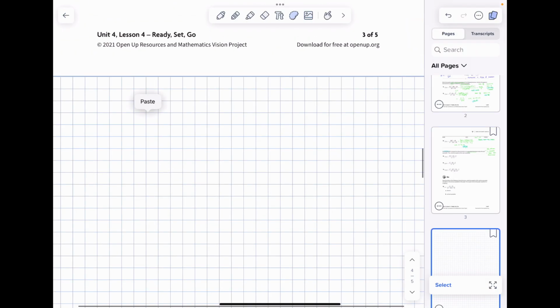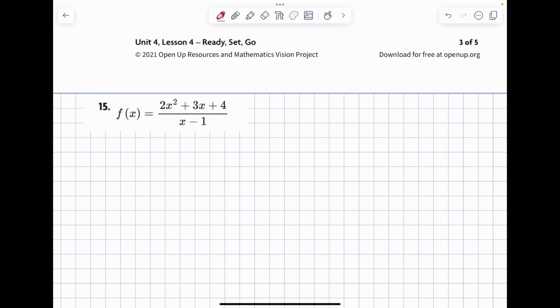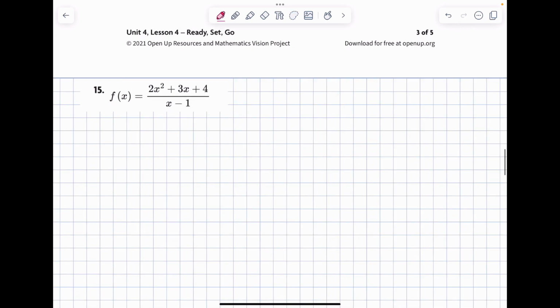Okay, perfect. Let's do it. So I have x minus 1 into 2x squared plus 3x plus 4.